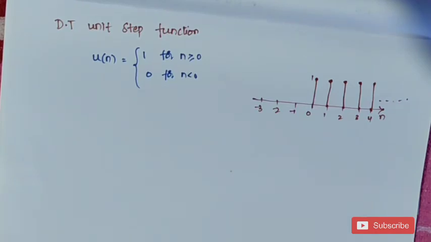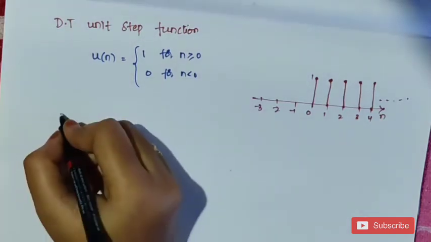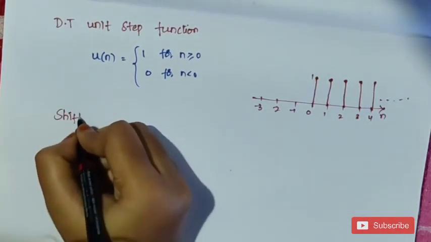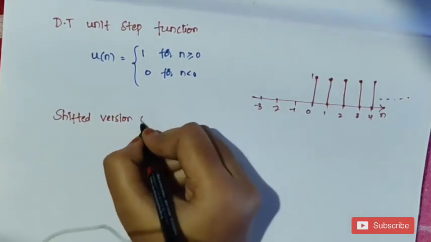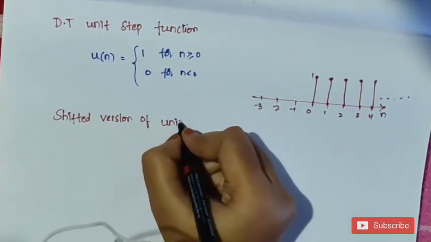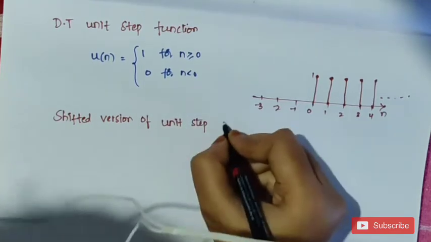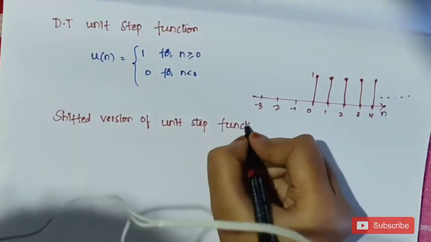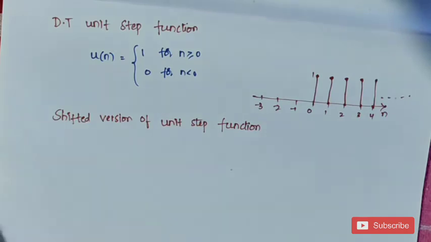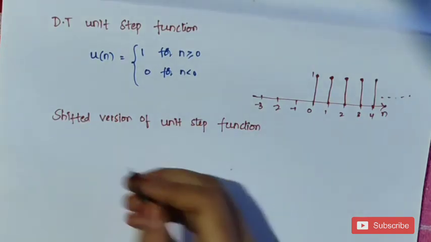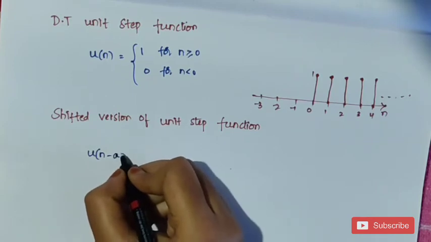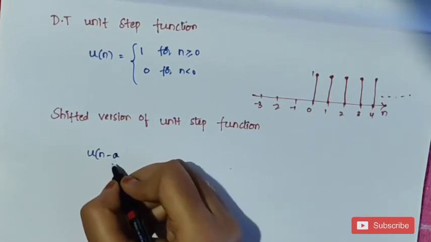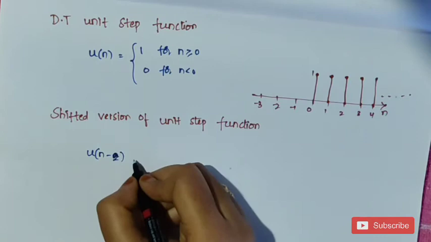Let us see the shifted version of the discrete time unit step function. Now let us take u of n minus a, or else let us take an example, u of n minus 2.